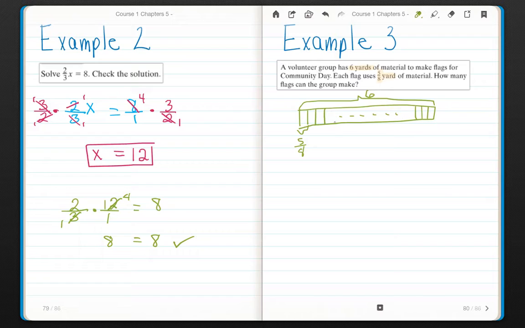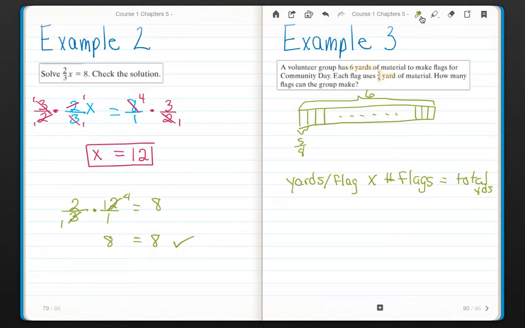However, these dots here represent the number of pieces I have. I'm not sure. If I look at it in words, I have the yards per flag times the number of flags equals the total yards of material.